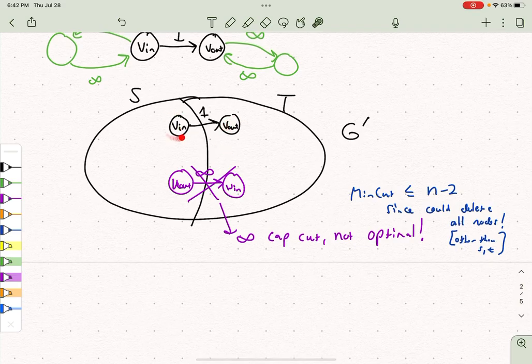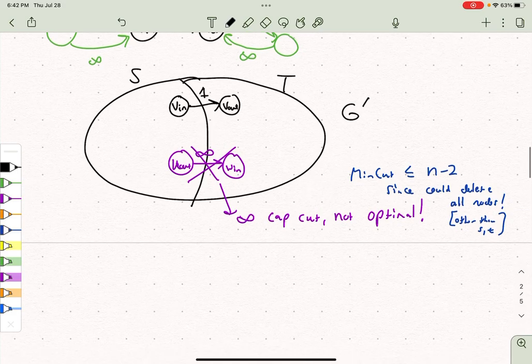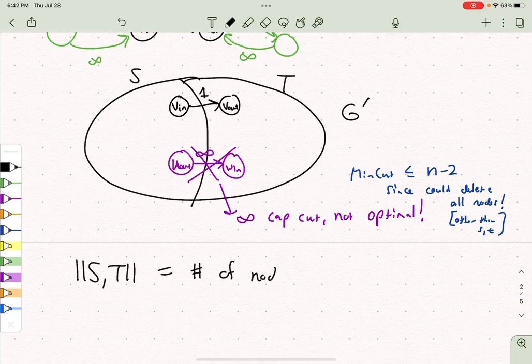The only edges from V in to V out are a single edge, and V in does not connect to any other nodes. So what this looks like is the capacity of this cut is equal to the number of nodes that we delete.